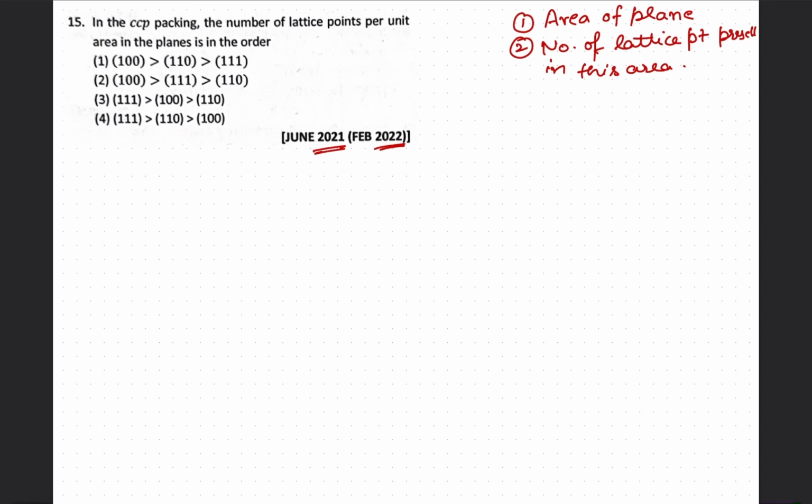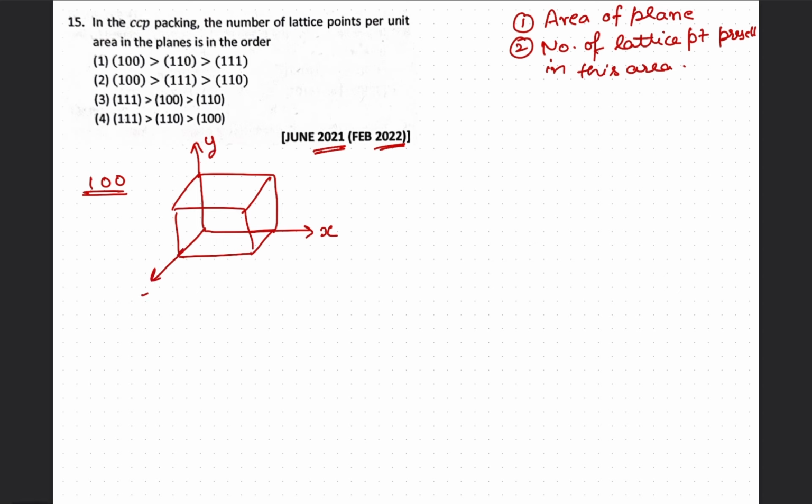So let's consider firstly 1 0 0, right? In this, firstly you have to make a cube. You have to open up your imagination, right? Let's say this is the x axis, this is the y axis and this is the z axis. So this is basically which plane? Now y is 0, z is 0, it cuts the x axis, so it is the yz plane.